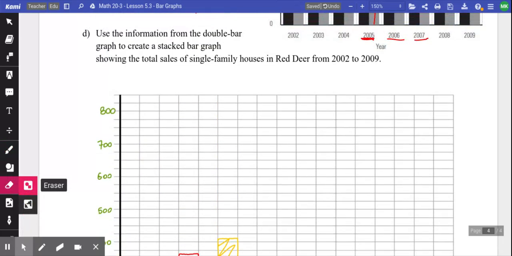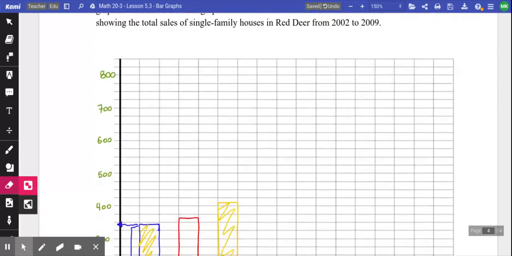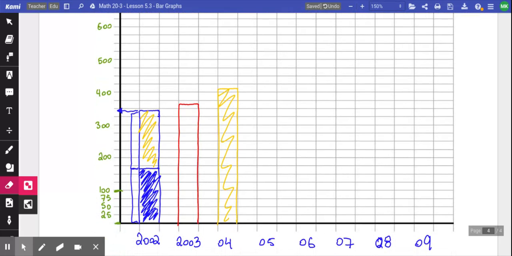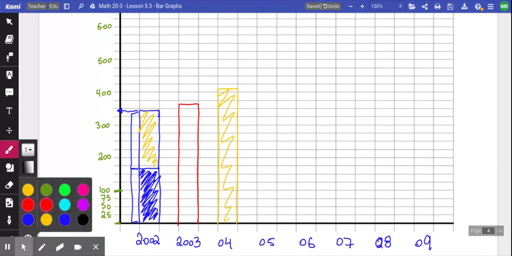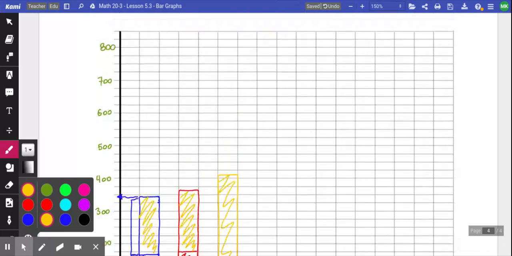In 2003, we had 175 and then 196. So I need to make sure I'm splitting that up. So 175 is right here. So that's my resale homes. And then 176 is my new homes. In 2004, I need to do the same thing.